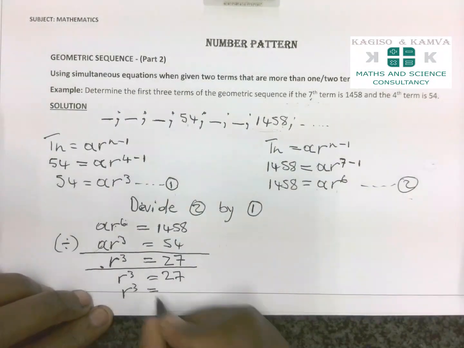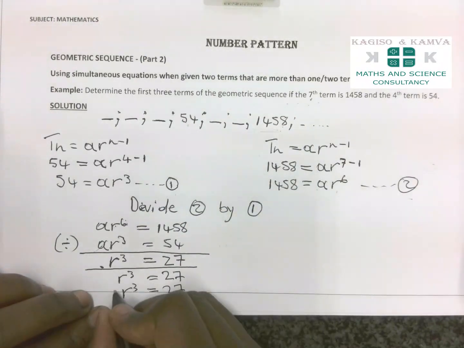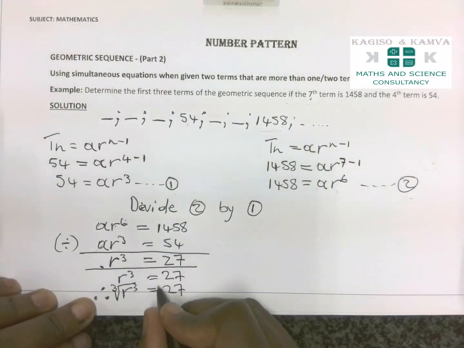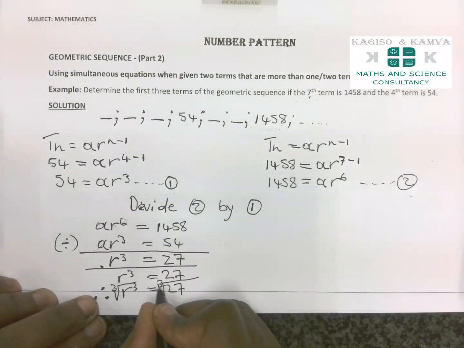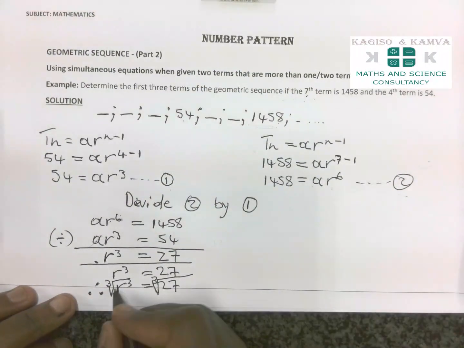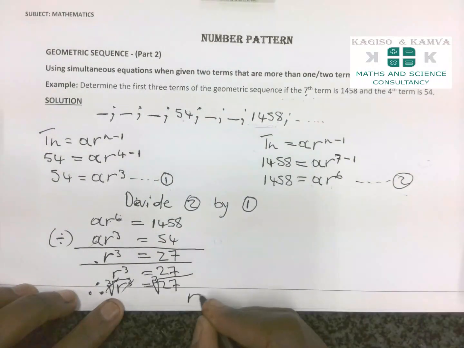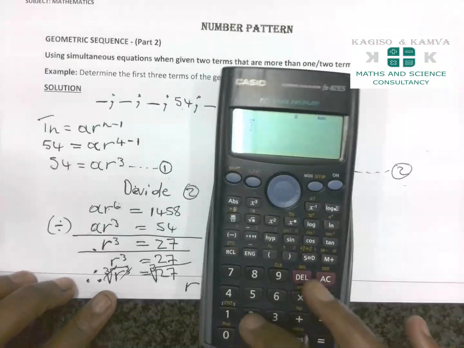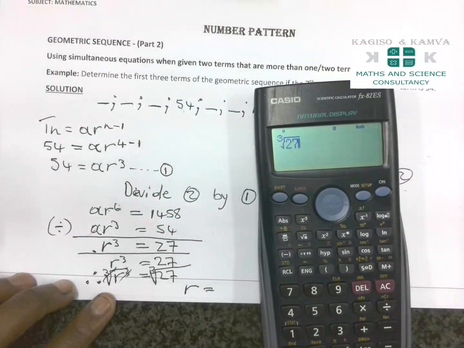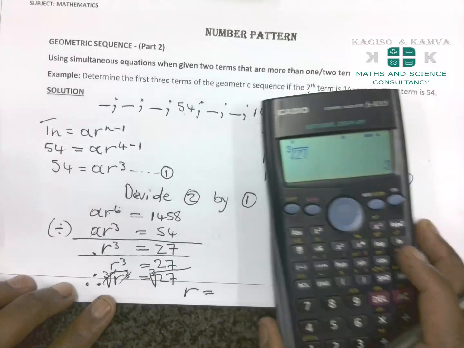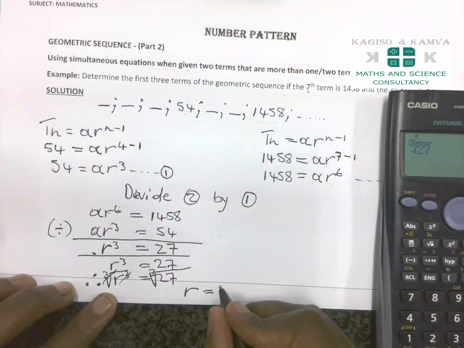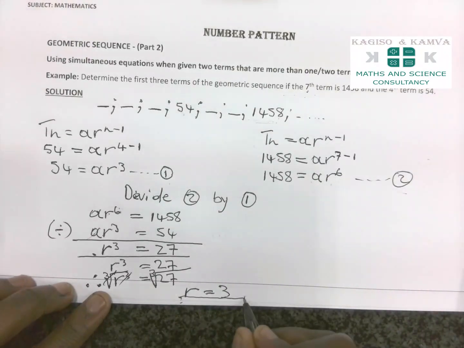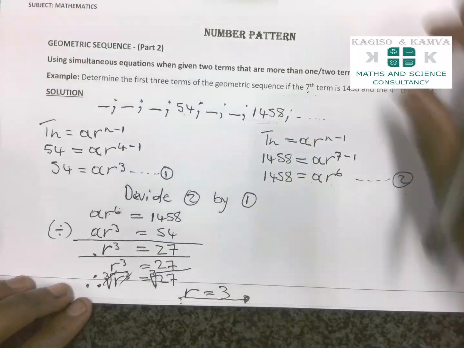The cube root cancels the cube, so r is equal to the cube root of 27. The cube root of 27 is equal to 3. Now we have managed to determine our constant ratio.